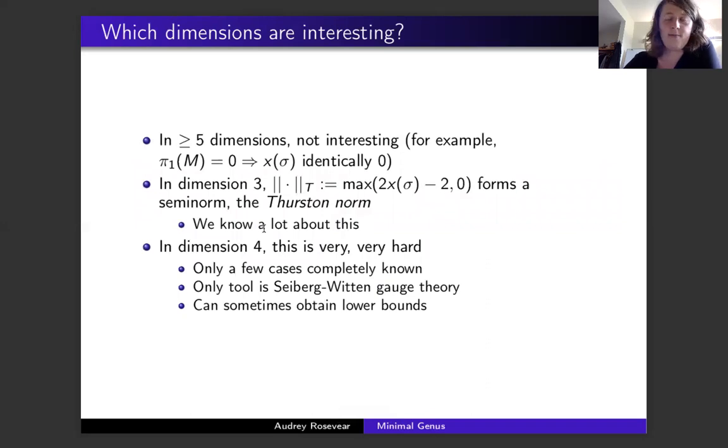So why are we doing 4 dimensions? I did mention that earlier. In greater than 5 dimensions, this is not interesting. There are a few reasons for this, and it's a little subtle, though. One is that if your manifold is simply connected, whatever that means, this will vanish identically. In dimension 3, you can take a slight modification of this function, and you get a semi-norm, the Thurston norm.